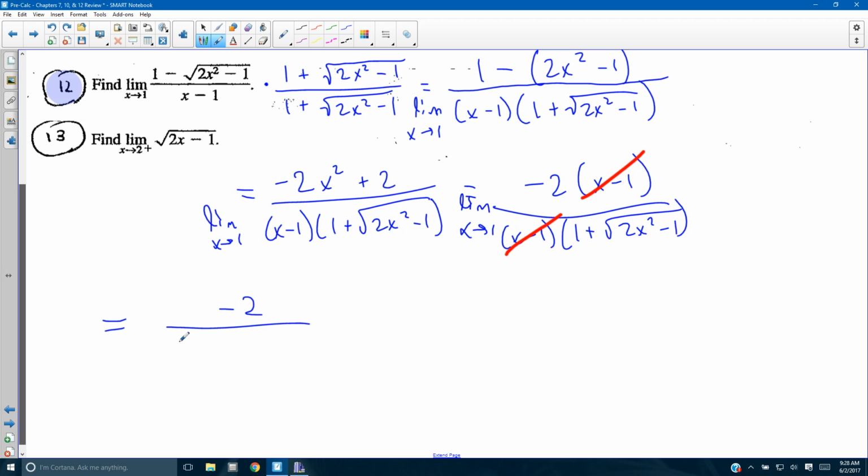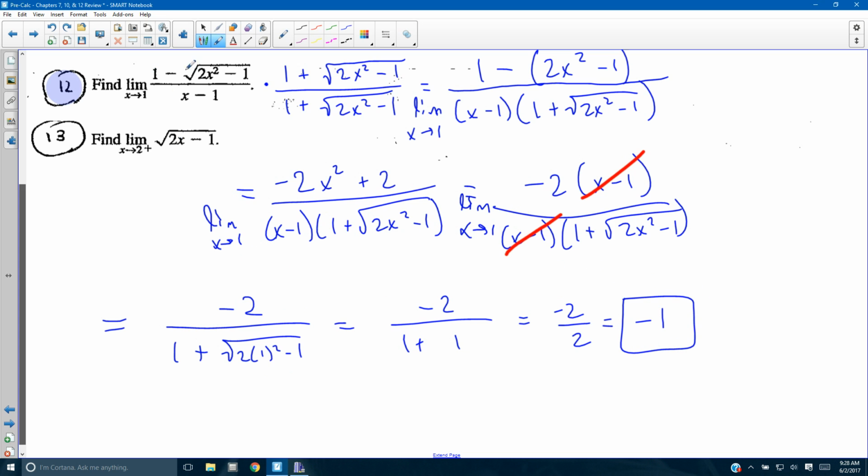No hole there anymore. Negative 2 over 1 plus the square root of 2 times 1 quantity squared minus 1 equals negative 2 over 1 plus, last time we did this, I think the number was 1, equals negative 2 over 2, which is negative 1. As x approaches 1, y approaches negative 1 for this strange looking function.